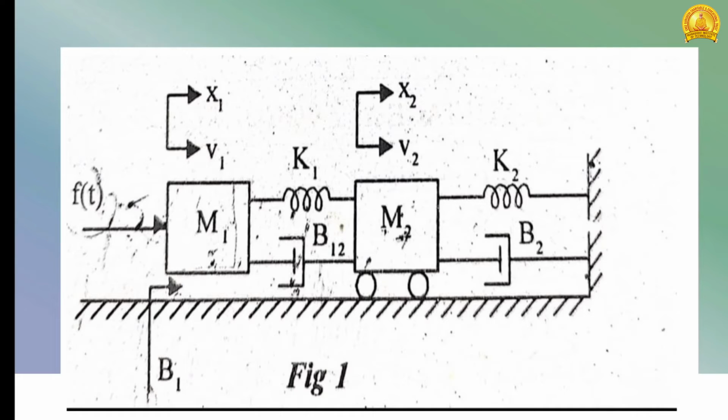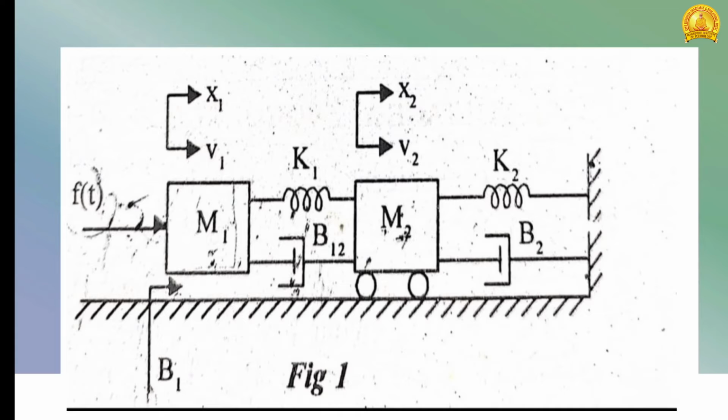Similar is the case for B12: FB12 is equal to B12 into d by dt of X1 minus X2. Here we are considering the differential velocity. The other forces are the opposing force due to mass M1, represented by M1 d square x1 by dt square, and the opposing force due to dashpot B1, represented by B1 dx1 by dt.